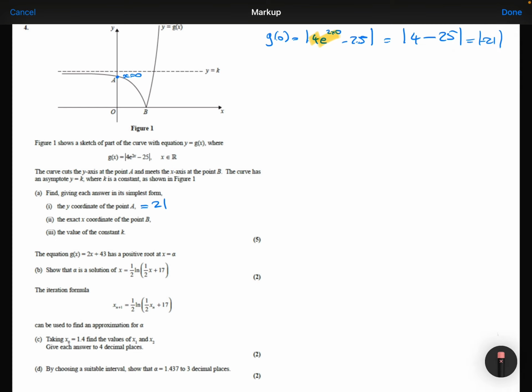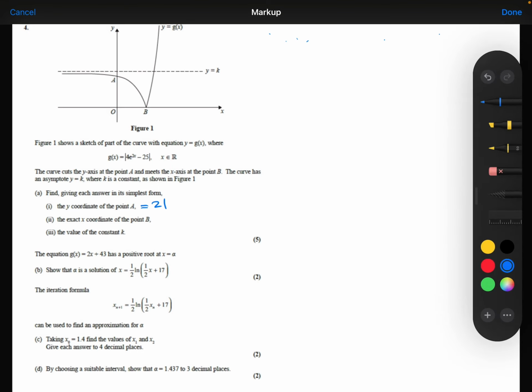Let's now move to part II. So we want the exact x-coordinate of point B. Now we know at point B, that's where the y-coordinate equals 0. It's where it intercepts on the x-axis. So if I take my function and make that equal to 0, so 0 equals the modulus of 4e to the 2x minus 25.